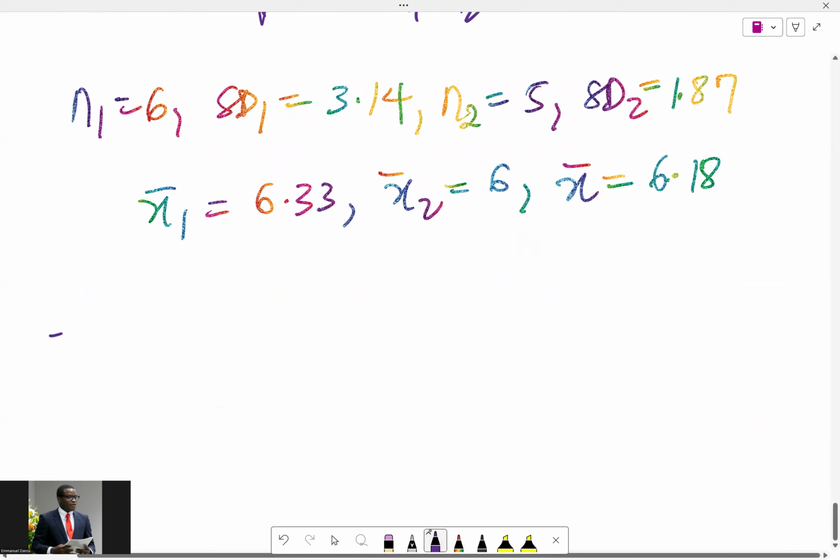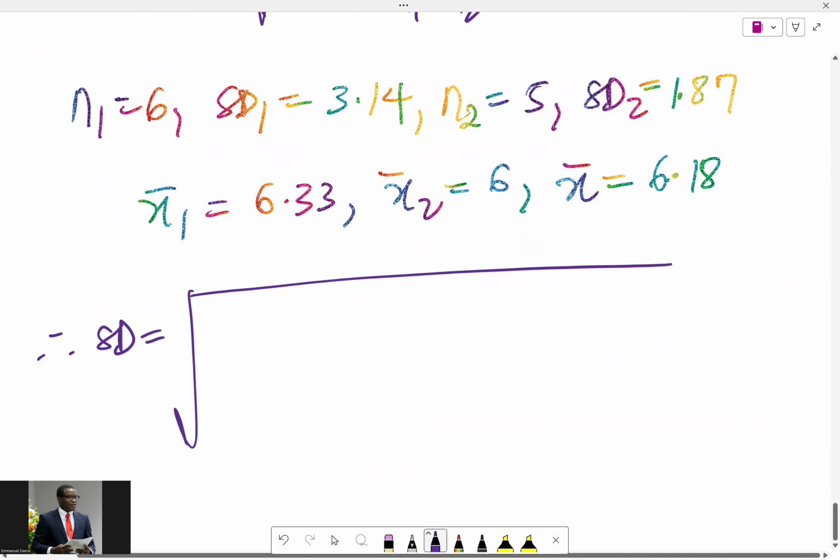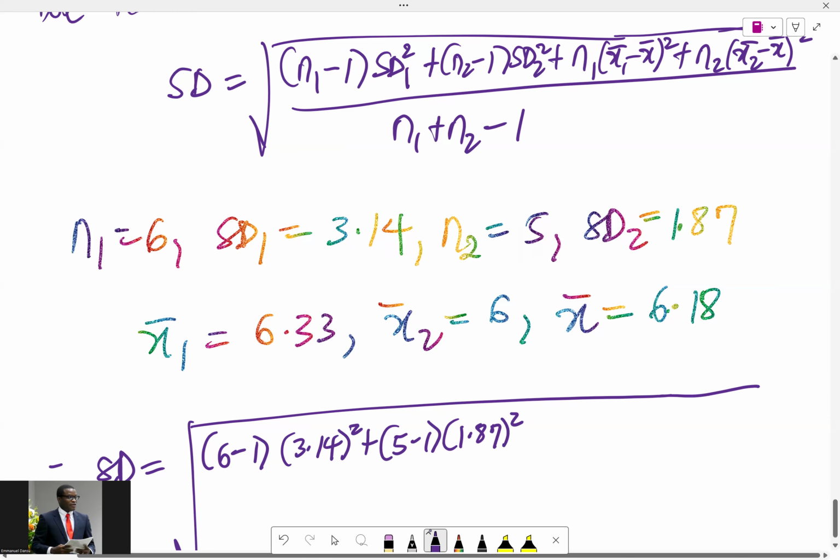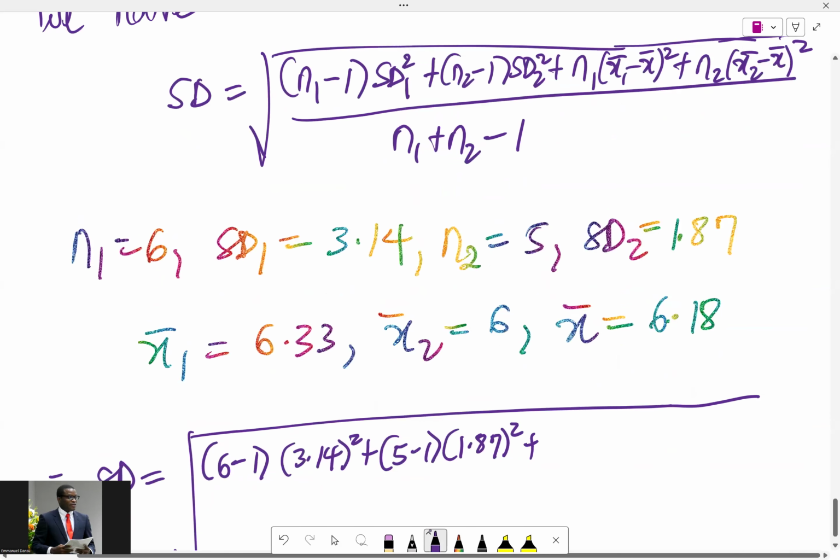So therefore SD is equal to the square root of n1 minus 1, that is 6 minus 1, into SD1 squared, that's 3.14 all squared, plus n2, which is 5 minus 1, times SD2, which is 1.87 squared, plus n1, which is 6, into x1 bar, 6.33 minus 6.18 squared.